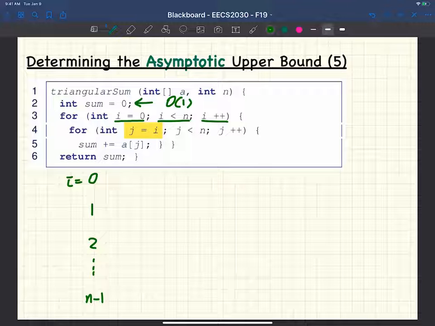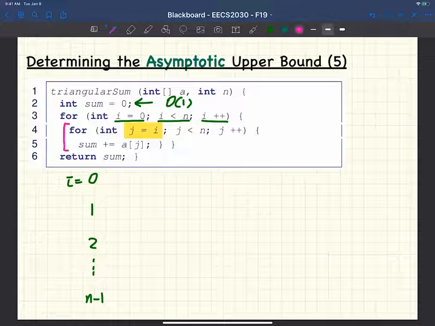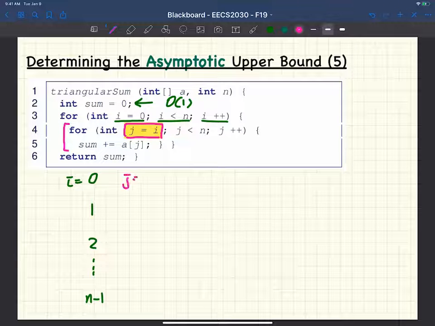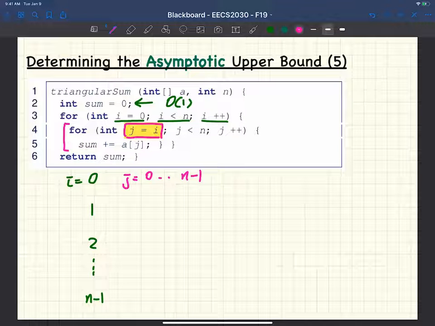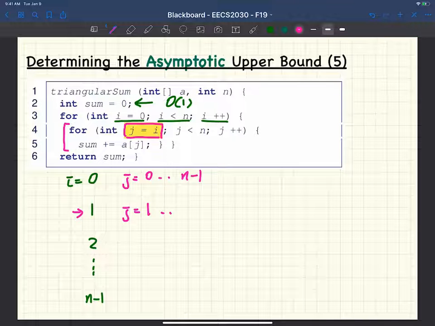Let's see what's going to happen in the inner loop over here. Now we want to see how exactly the loop counter is going to change. The initial value of j is simply going to be the current value of i. So what about j over here? It will just be 0 to start with, so from 0 all the way to n minus 1. Agree? And then, what about when i is equal to 1? That means j will be from 1 until n minus 1.